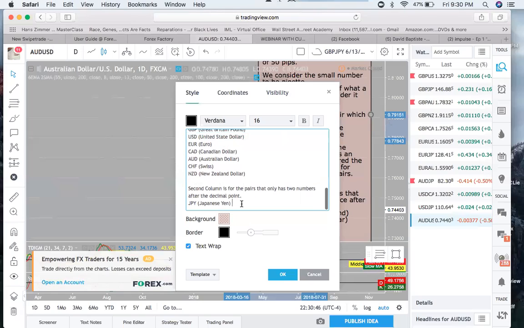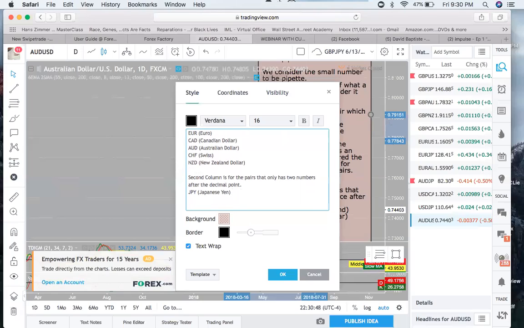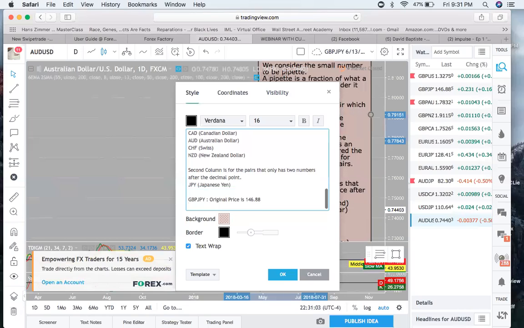So if we have a Japanese yen, if we're focused on GBP JPY, and the original price is 146.88, and the new price is 146.86. How many pips did GBP JPY go down by?